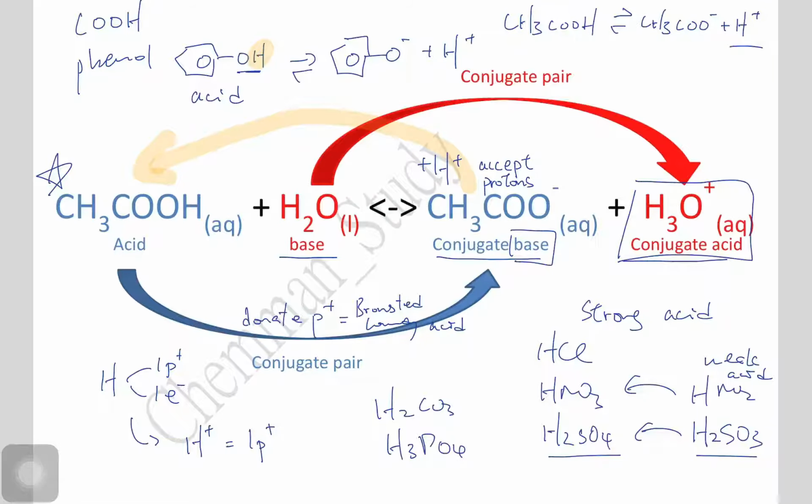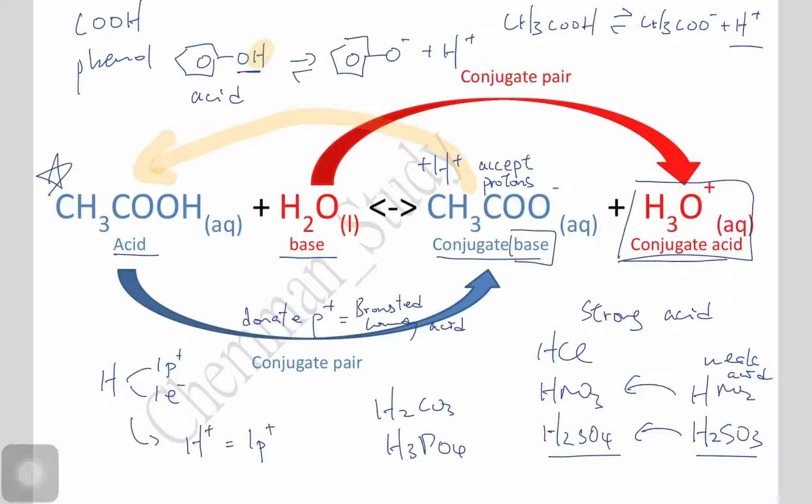It means that at the same time, if COOH is an acid, then in the other reaction with water, in the opposite direction, the proton donated from COOH is going to be accepted by water. That is why water accepts a proton and gives you H3O plus. Therefore here is another combination of acid and base.